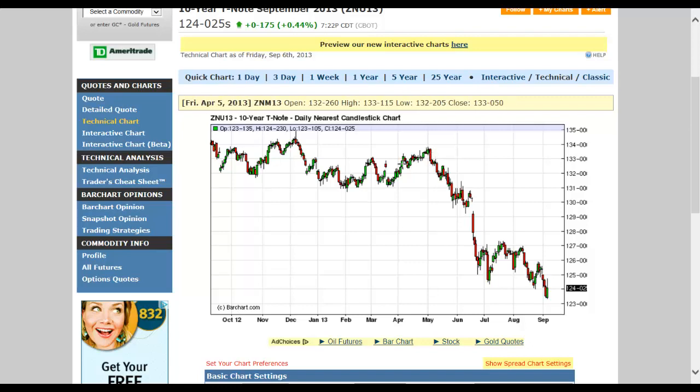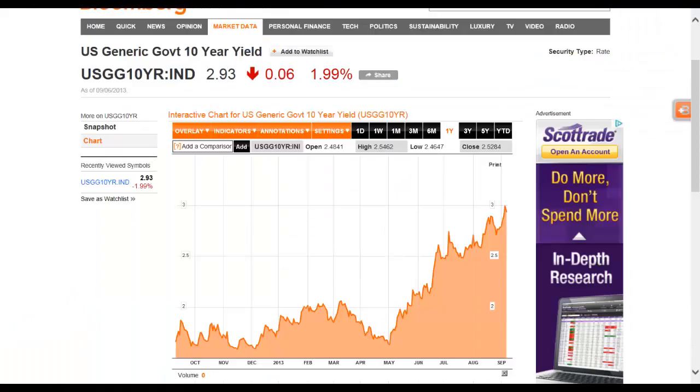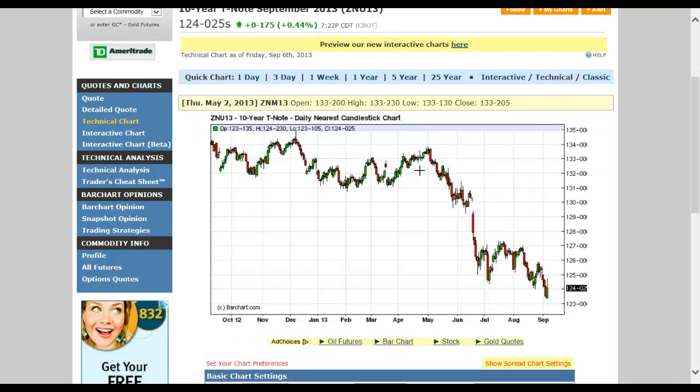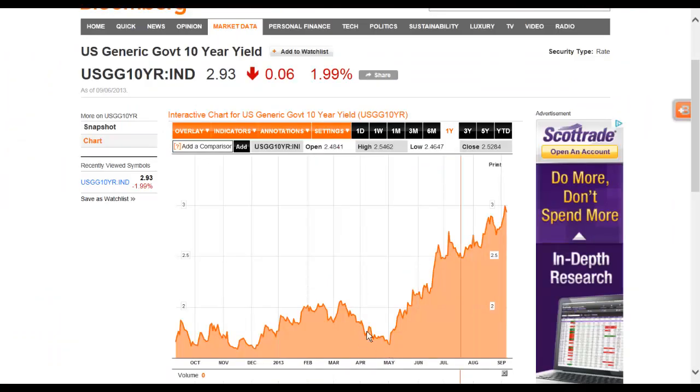You see that? Then we made an ultimate high in the T-note market and then traded lower. You see a converse relationship here in the yield. Here's that low and then a lower low in the yield. Again, thinking inversely here. All we did was have a mirror image of that happening here.